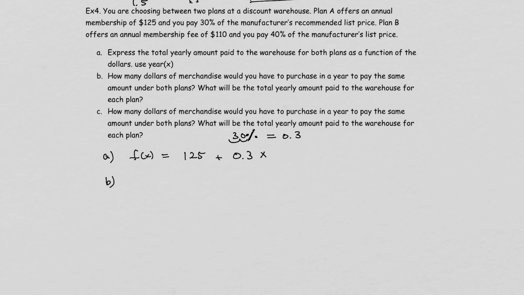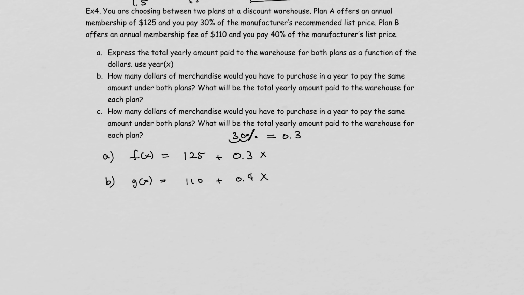Plan B, let's use g of x. The initial amount upfront is going to be 110 on plan B, and you get a discount of 0.4 times x. Why is it 0.4?